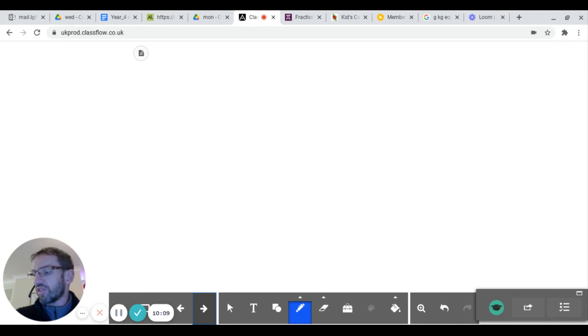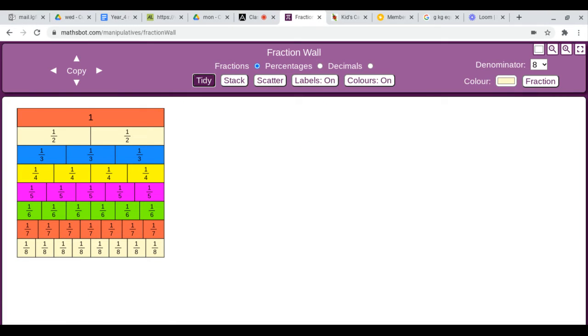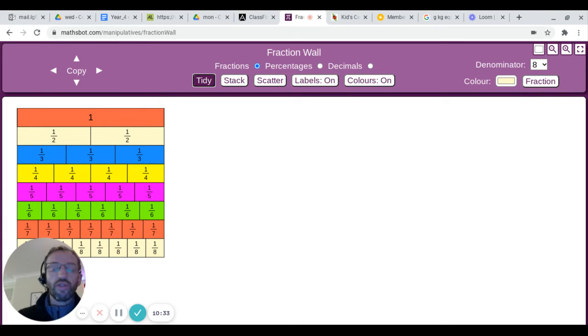Fractions are also represented by pictures as well. So if we look at a couple of fractions, say for example, we've got 1/6 and we've got 1/2, we need to think what symbol could go in the middle here that compares them. I want to know which is bigger, which is smaller, which is greater than, which is less than. So looking at a 6 and a half, you go to your fraction wall. If you can't find this fraction wall on your computer, you should be able to, but if you can't, if you just type in fraction wall into Google, you'll find one like this.